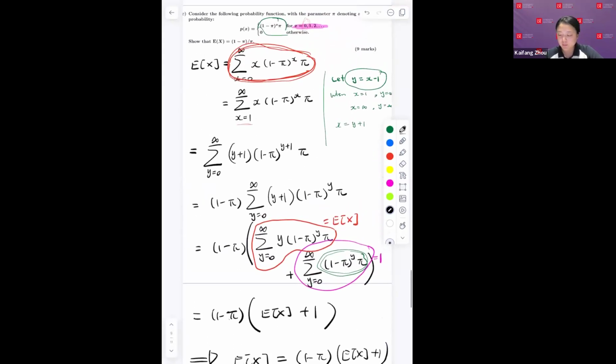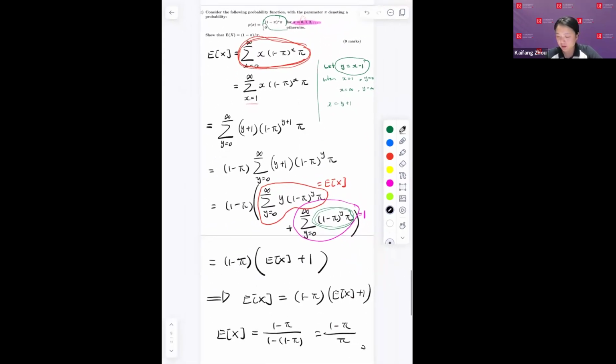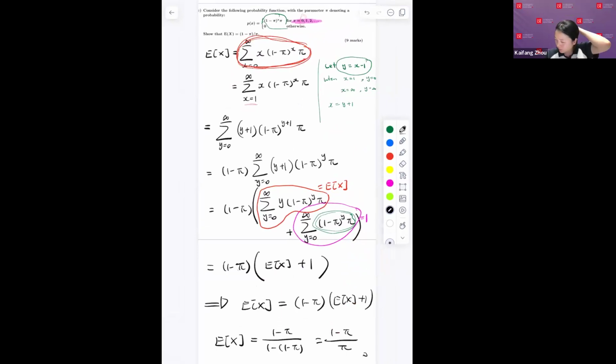All right, I found this question very nice and very useful. Normally when we ask you to show something like this, you're going to use a trick like this. Make sure you understand this question. First, you need to use a change of variable to rewrite the summation.